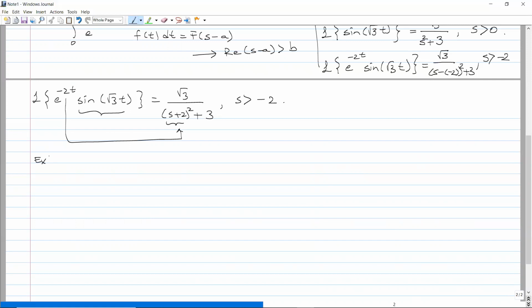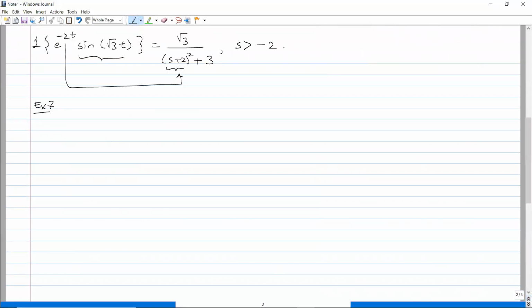Now, example 7. So this is going to be the generalization of the Laplace transform of the polynomial t to the n. So again, we have a Laplace transform of some function f given, say F of s, for real part of s greater than b.